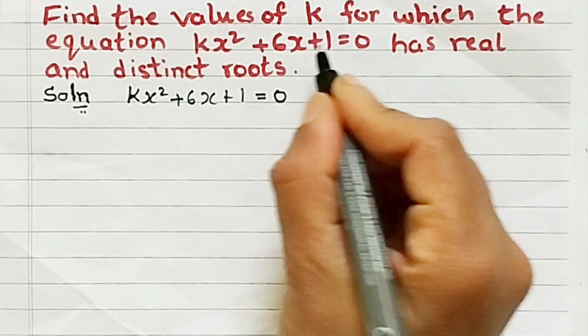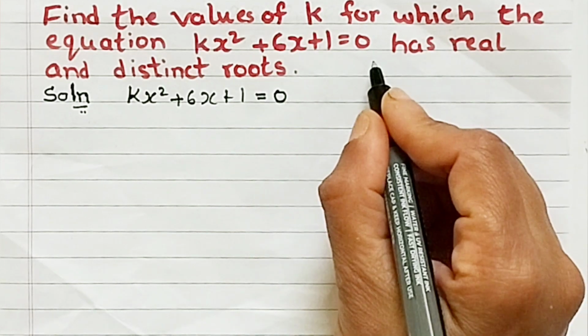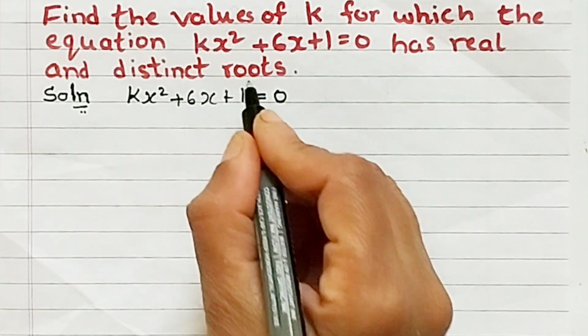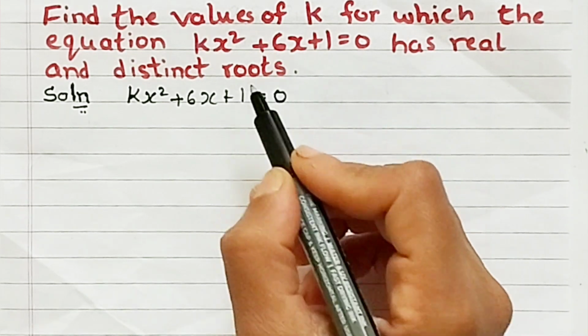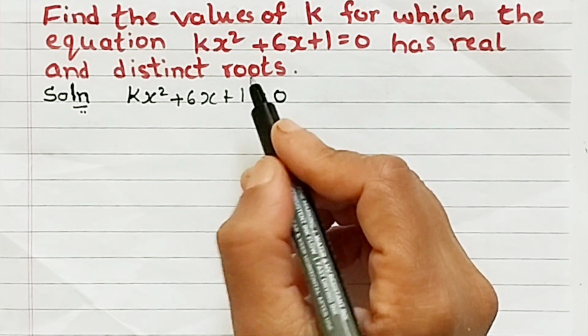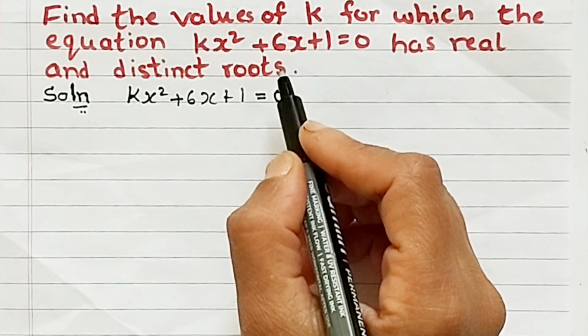Find the values of k for which the equation kx square plus 6x plus 1 is equal to 0 has real and distinct roots. Solution: here the given equation has real distinct roots. That is, the discriminant of the given equation is greater than 0.